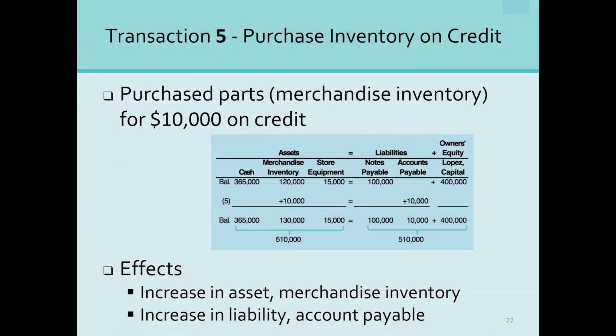10,000. But since we did not pay now, we have to pay in future. So, we have to pay in future means a liability has been created. What is the name of this liability? Accounts payable or creditors, right. Are you all clear? Did you notice that when one asset went up, a liability went up?